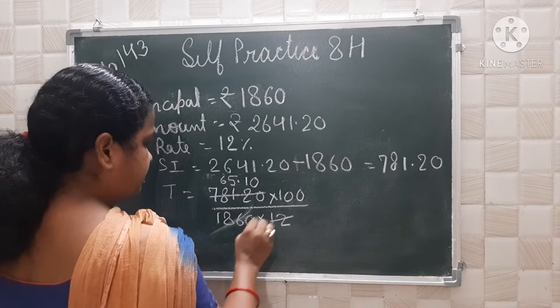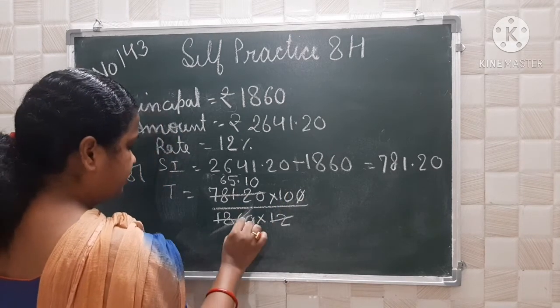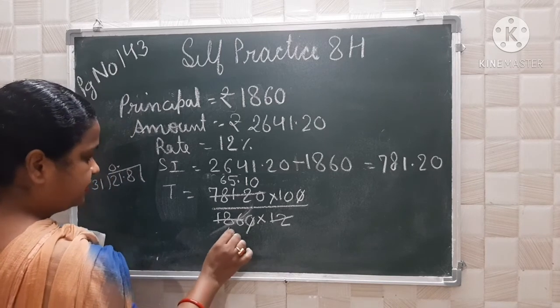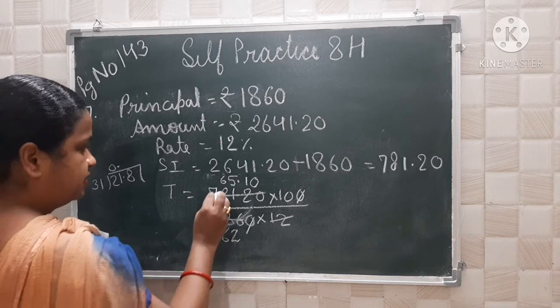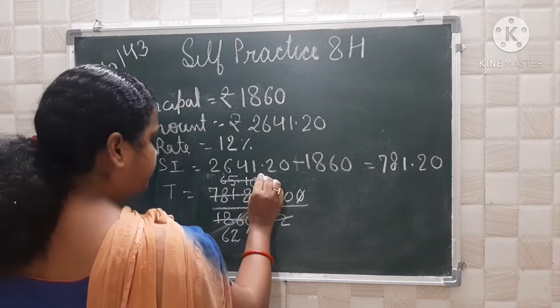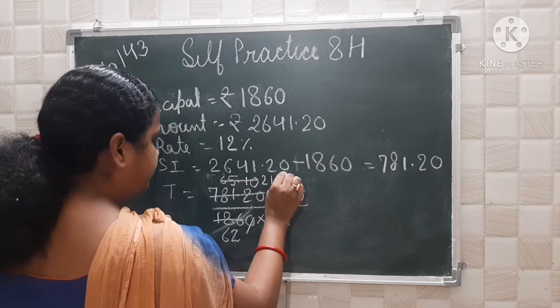Correct? 0 and 0 is already cancelled out. 3 6s are 18. 3 2s are 6. 3 2s are 6. 3 1s are 3.